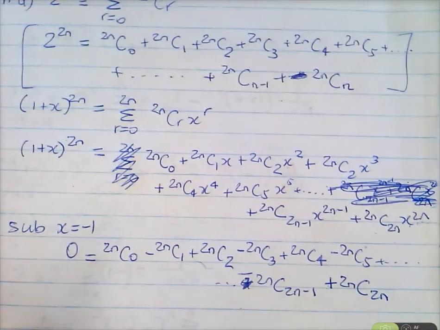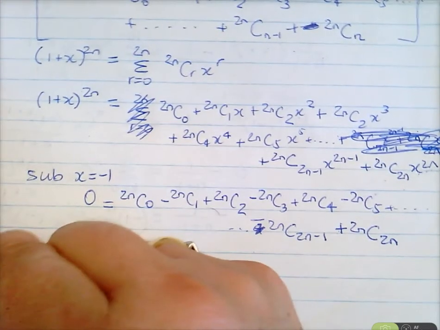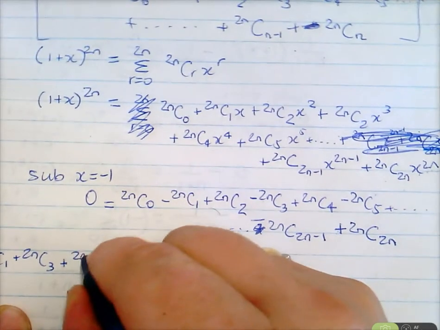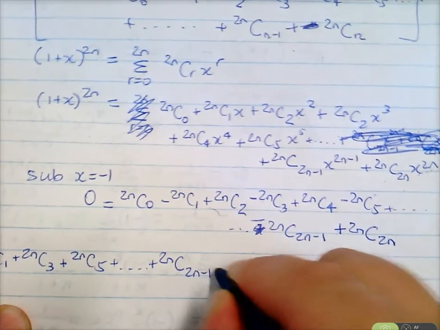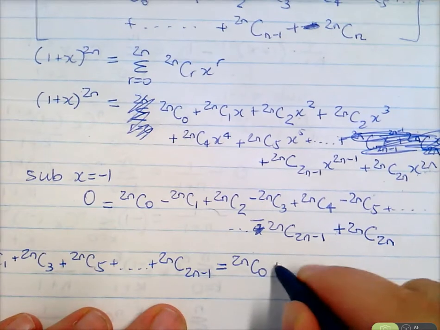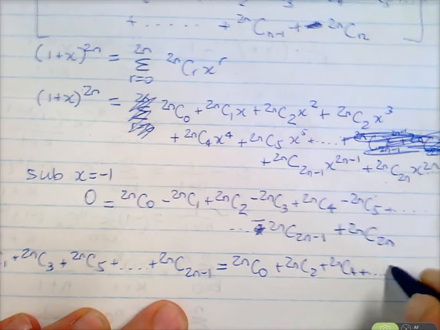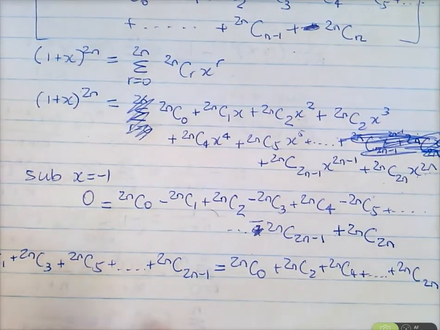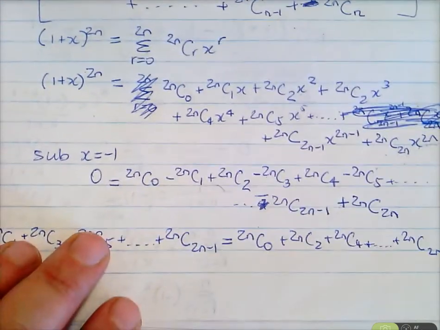So therefore 2nC1 plus 2nC3 plus 2nC5 plus all the way up to 2nC(2n-1) is equal to the positive ones, leave them on this side, 2nC0 plus 2nC2 plus 2nC4 plus all the way up to 2nC(2n). So now we are able to make a substitution back into that.